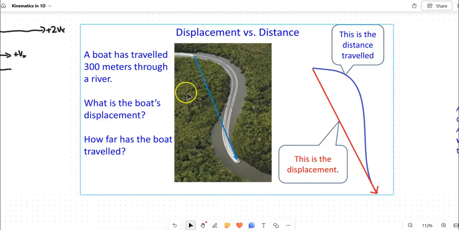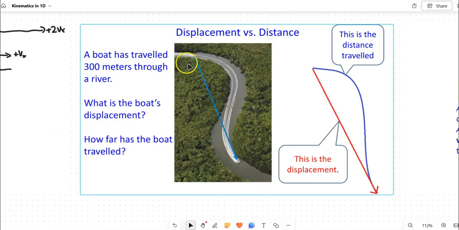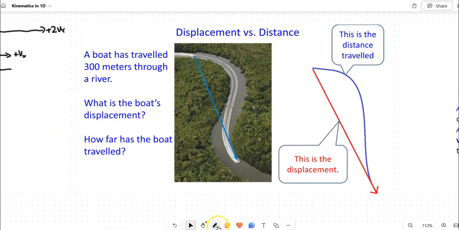So here's a boat traveling along a river, and you can see that this boat travels all along here and travels down to here, and now it's coming to right there. So that's the actual distance traveled, right?